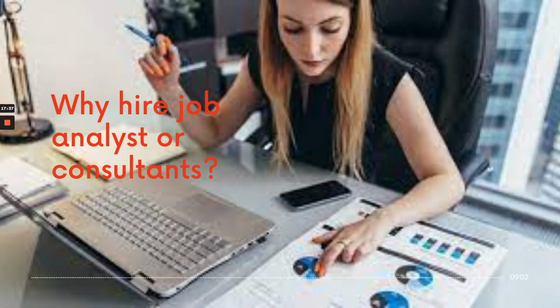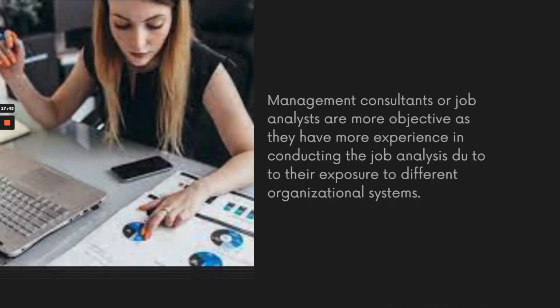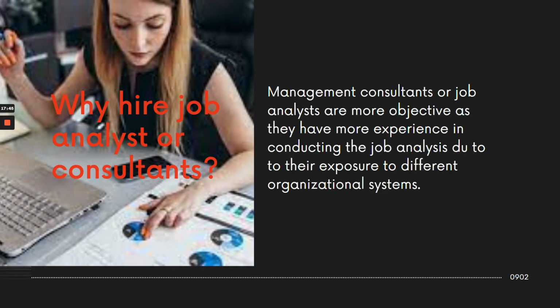Some companies actually hire analysts or consultants. And ganun mo hire man sila. The reason why they hire is because the management consultants or analysts are more objective. No, dili sila, because they are coming from the outside. They are objective. Wala sila kanang wala padri-padrino, ano, wala sila subjective nga mga feelings.